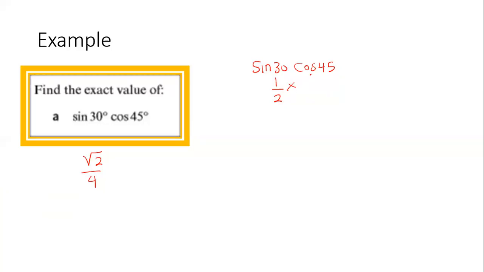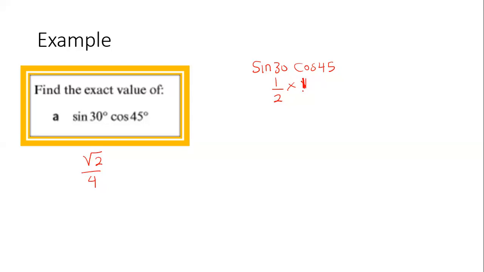Cos 45 is equivalent to? Okay, let me choose Rosemary. It is 1 out of root 2.